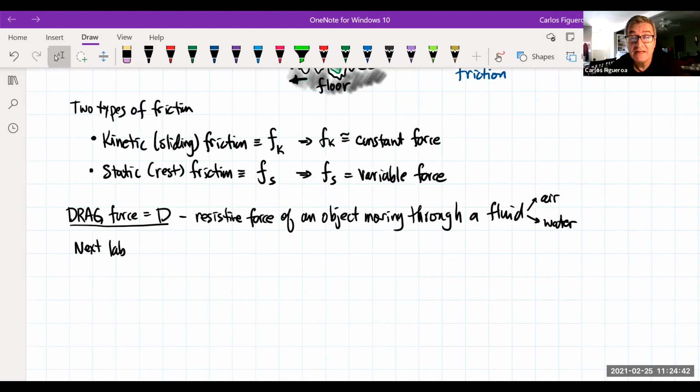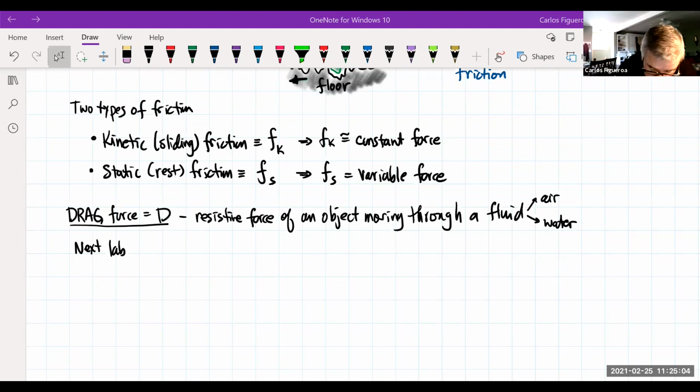I think you're going to need 5 coffee filters, but that's to set up for the next 3 labs in case you need those things. Yes, air resistance is the same as this drag force. So drag and air resistance are exactly the same.